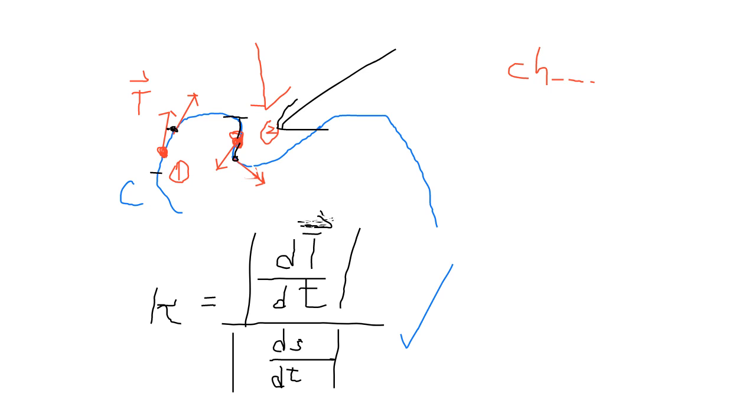Your question's actually a good one. You're saying like the rate of the rate, but we're just dealing with how fast these tangent vectors are changing relative to the arc length changing over a period of time. That's really what we're doing.